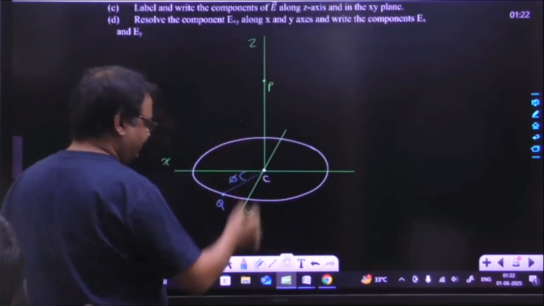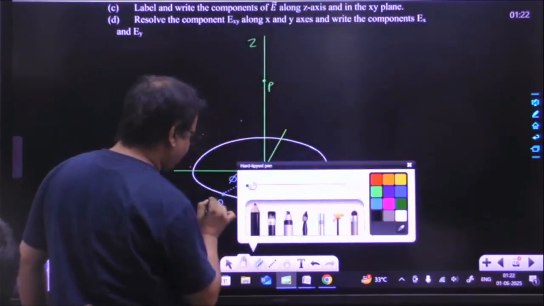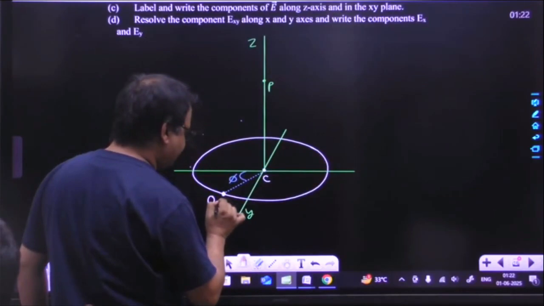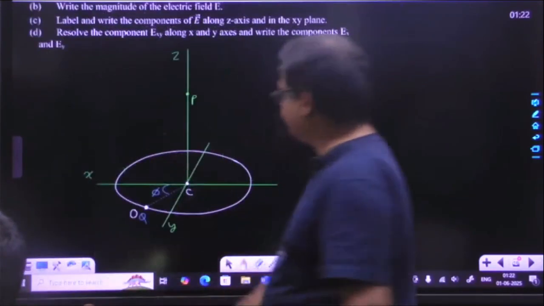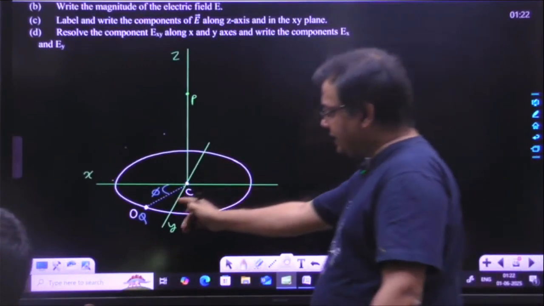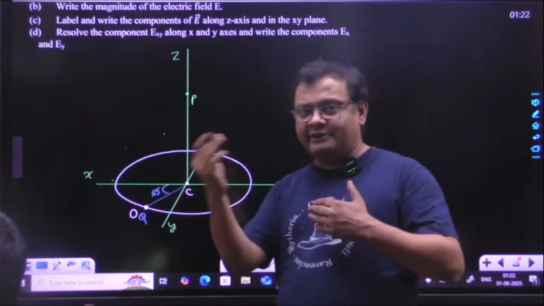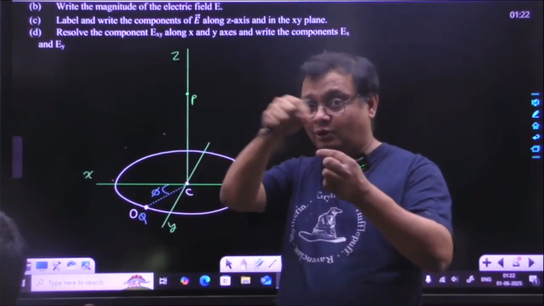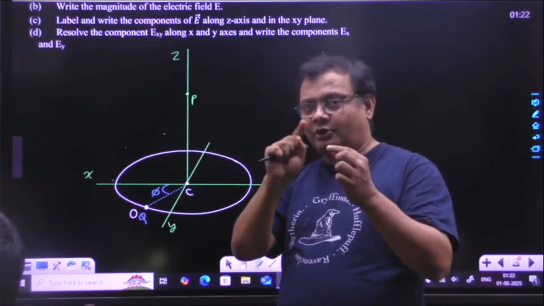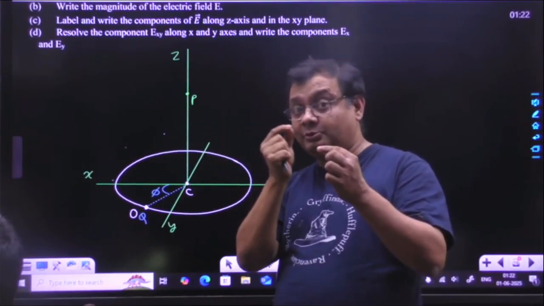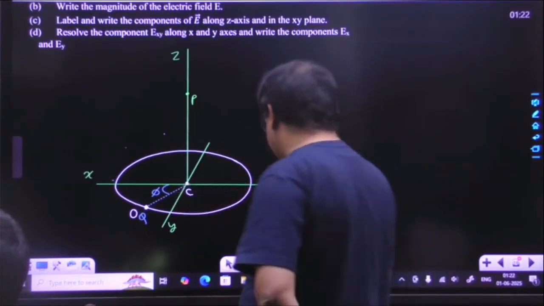Let this point be O. So a point charge Q is located at a point O with azimuthal angle phi. Got it? If you are rotating Q on the ring, phi will be changing, correct? Suppose Q is a bead which can be rotated on the ring. For each changing position of the point charge Q, angle phi will be changing, correct?